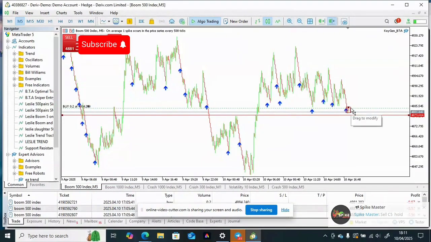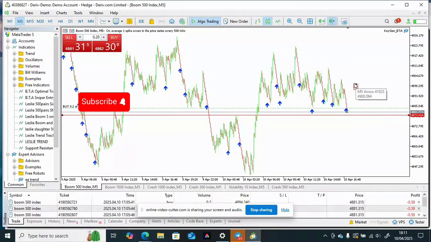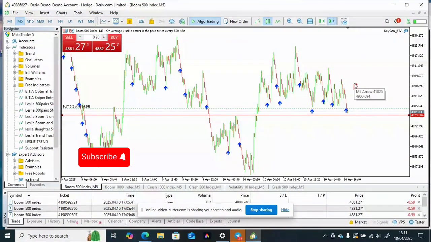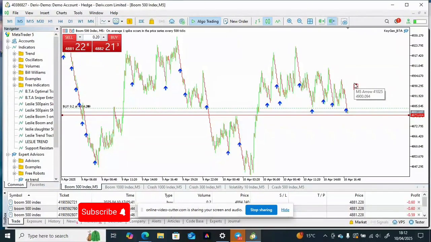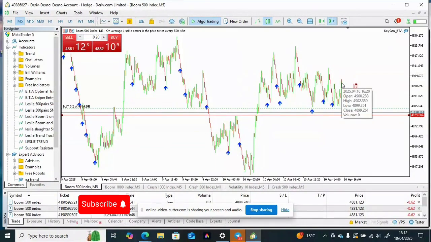We are in 2025, and this spike detector I'm going to show you will rule the market for years, decades to come. I'm not talking about something that can expire tomorrow. I'm talking about something great.